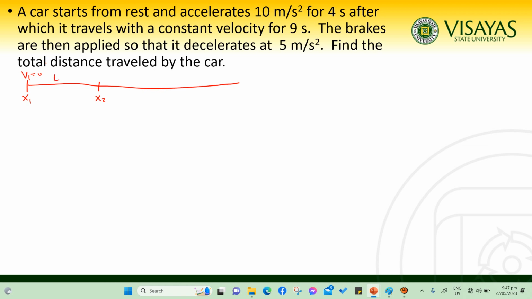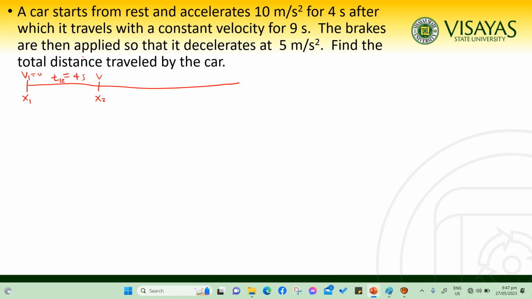So for the time, I'm going to use the t that is from 1 to 2, so that is t12, equal to 4 seconds. That t12 represents the time required to travel from x1 to x2.